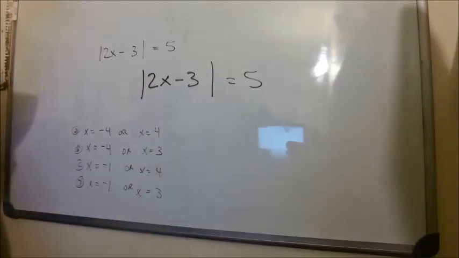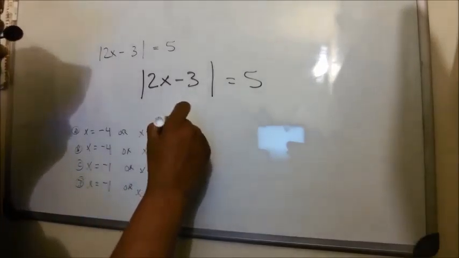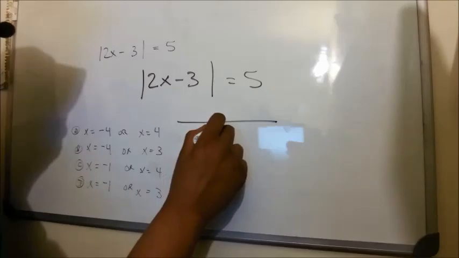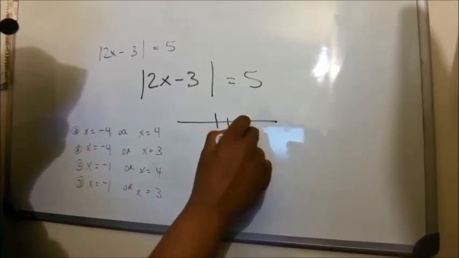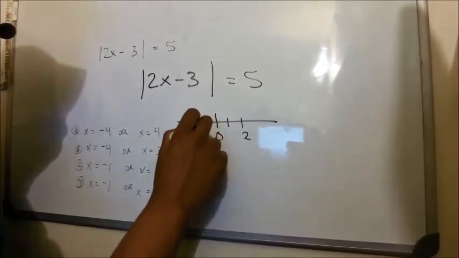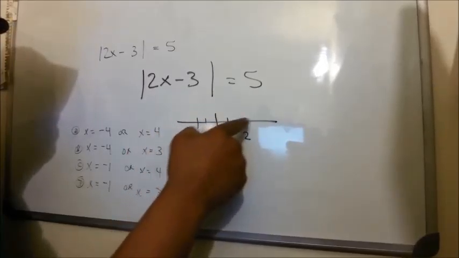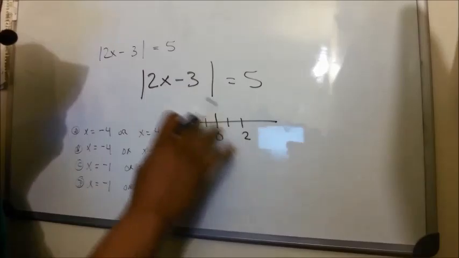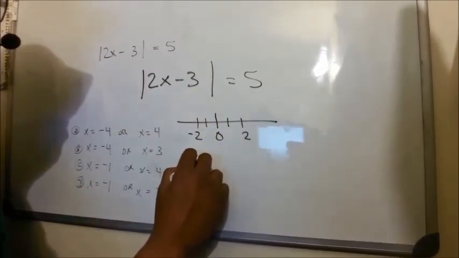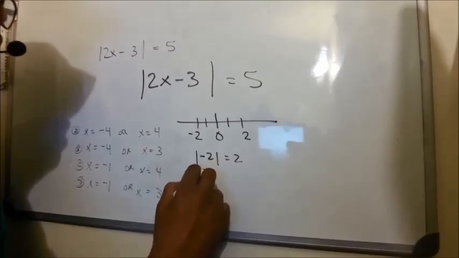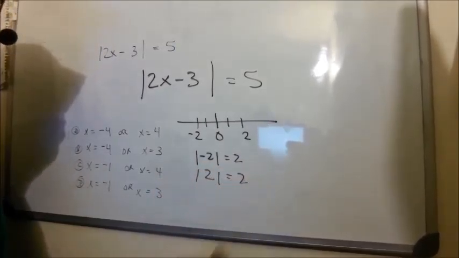So if we had a number line, and we went from 0 to positive 2, or from 0 to negative 2, it would move left or right 2 units, but it's the same distance. So the absolute value of negative 2 equals 2, and the absolute value of positive 2 equals 2.